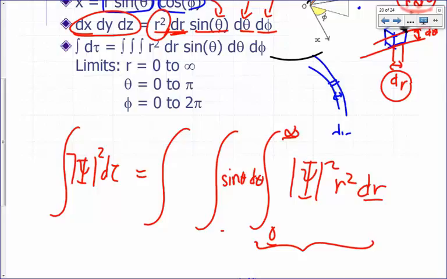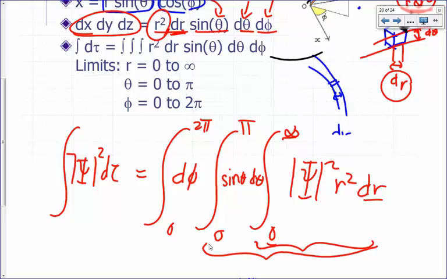What's the range of values for theta? 0 to pi. And then the result of that will no longer have the r and the theta. It will just have a phi dependence. You integrate over phi from 0 to 2 pi. Okay? So that's what you need to do in 3 dimensions.